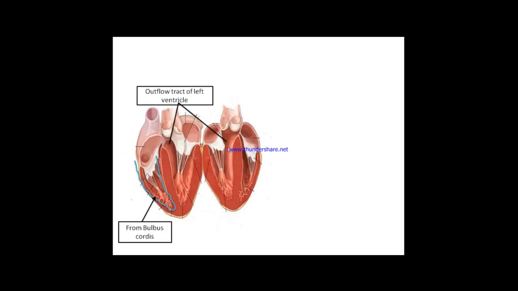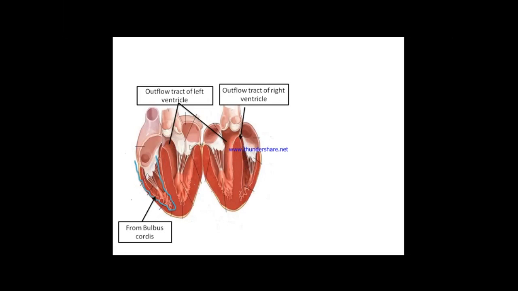Here above we have the left ventricle. Here a coronal section of the heart has been done. This outflow tract of the left ventricle develops from what is known as the conus cordis. Similarly, we have the outflow tract of the right ventricle. This area also develops from the conus cordis.